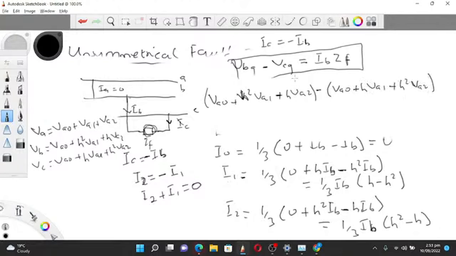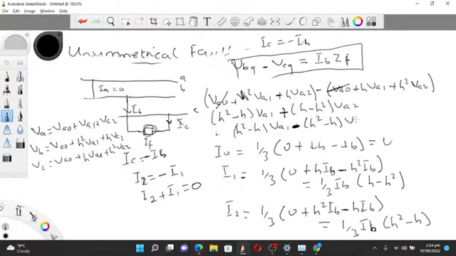Okay, so you know that VA0 will cancel VA0. Now we have h squared minus h VA1, plus h minus h squared VA2, which is the same as h squared minus h VA1 minus h squared minus h VA2.